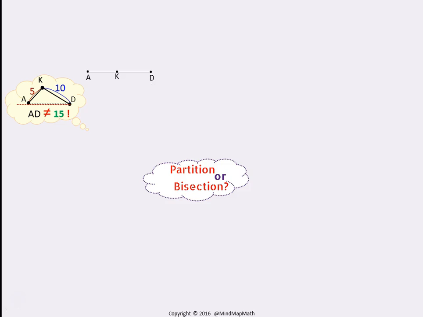On the new picture, I have points A, K, and D conveniently located on one segment. In geometry, we call such points collinear. In fact, point K, as we say in geometry, is not only collinear with A and D, but lies between them.